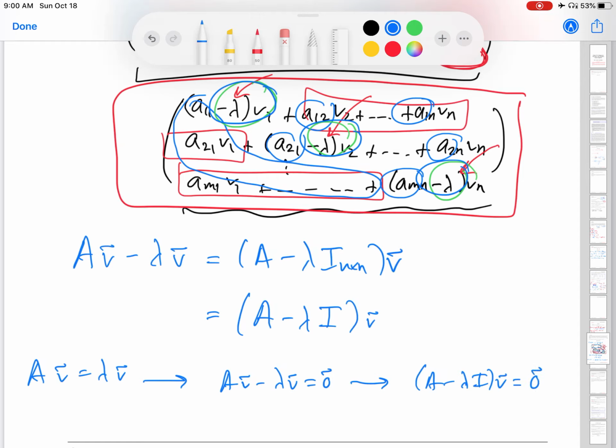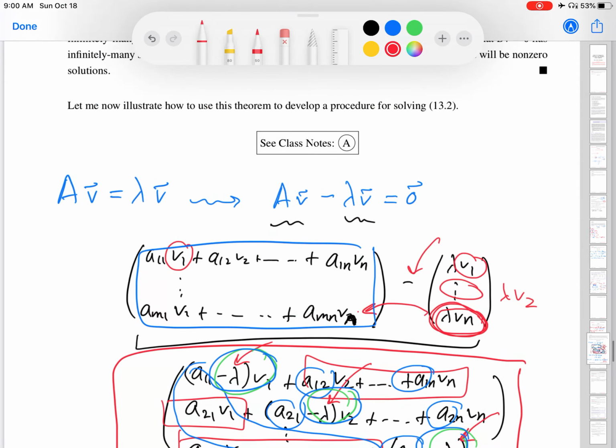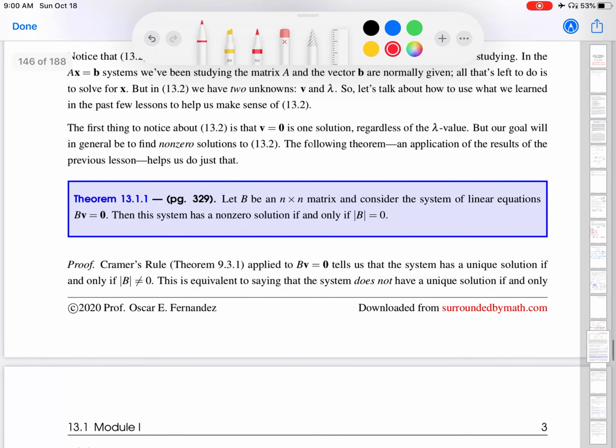Great. So let me call this new matrix B, so that my new system is Bv equals 0. You might recognize this from the theorem right above in the class notes. This is where we're going to invoke this theorem. Let B be an n by n matrix. Consider the system of linear equations Bv equals 0. Same one we're looking at.